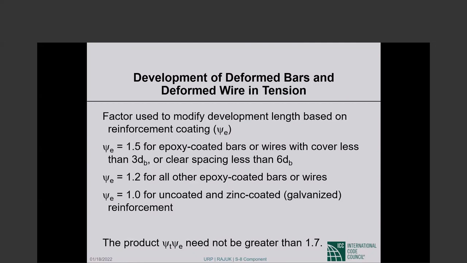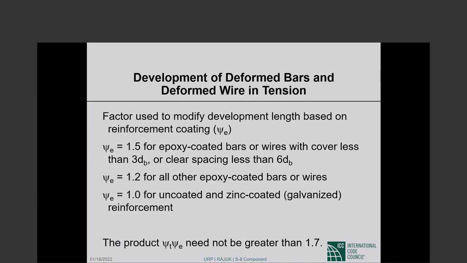So thin cover and close spacing, 1.5. 1.2 for all other epoxy coated bars or wires, and then 1.0 for uncoated and zinc coated reinforcement. So you get really penalized for epoxy coated bars that have thin cover on them and are closely spaced. 1.5 is the factor.